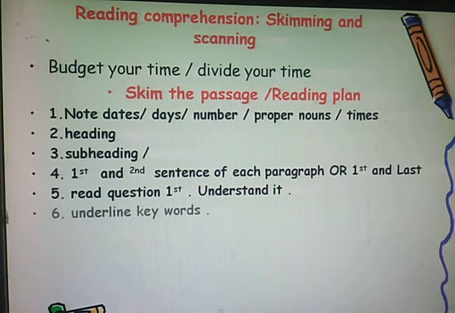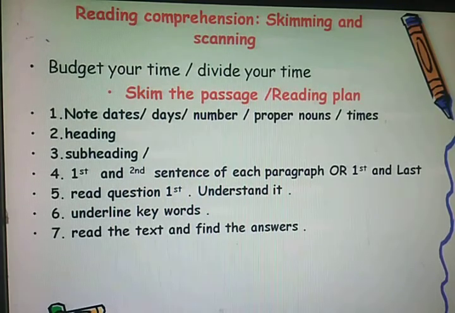Let's move to number 6 point. Underline the keywords. Whatever keywords you have underlined, you have to understand them. Number 7 point, read the text and find the answer. Again, keeping all these strategies in your mind, read the text, the passage, and find the answer there.